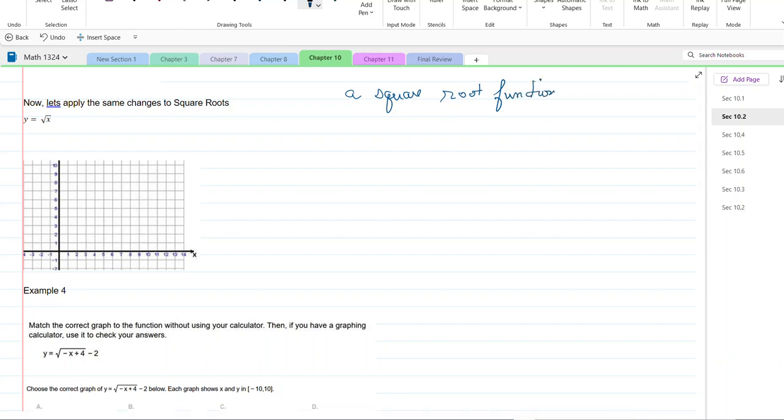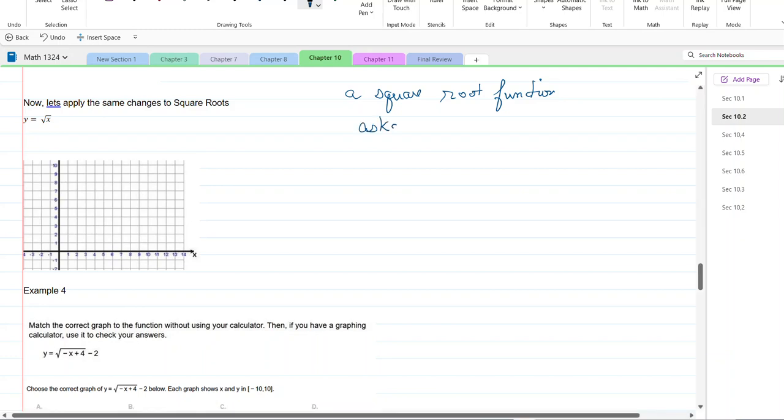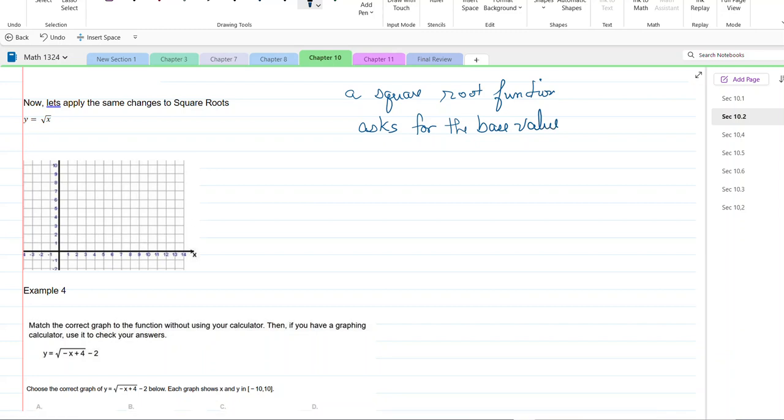So it's asking for the base value of whatever number is in the radical, because it's called a radical.